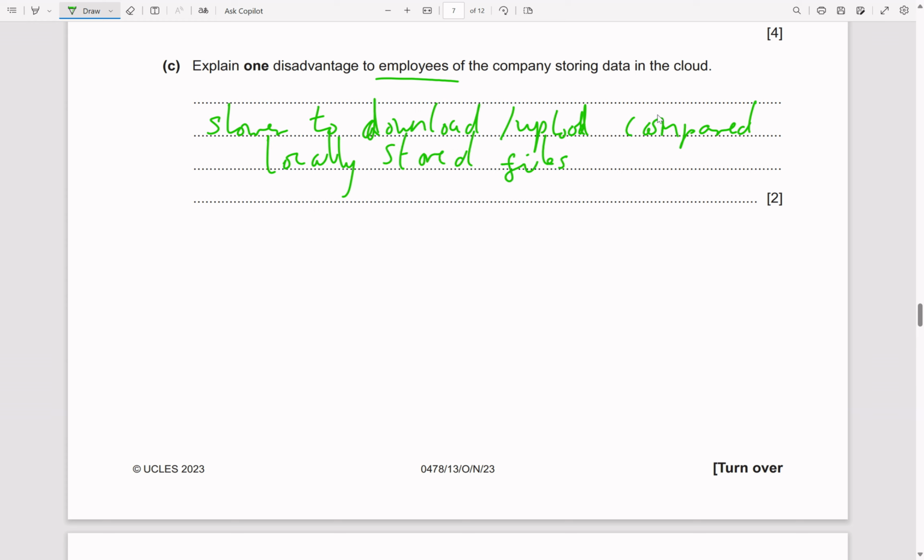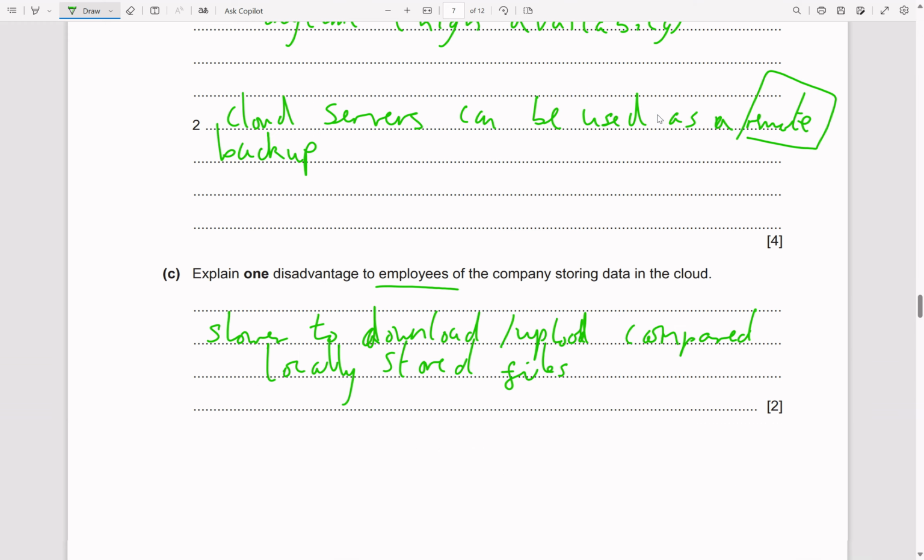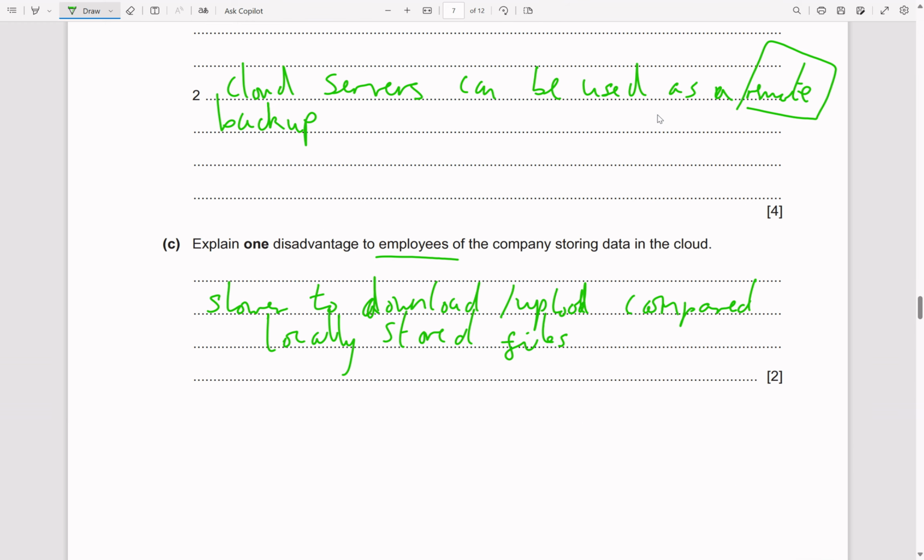Yeah, so I think that's what I'd say, and I did also check the mark scheme for this. They also give this strange answer where they say that, because here we said that employees can access the data anywhere, anytime, this means that the boss might then, let's say they have a problem at 2 a.m. in the morning, the boss can literally call them up and be like, well, hey, you can access the cloud, you can access the files, you should log in and fix it at 2 a.m. in the morning.